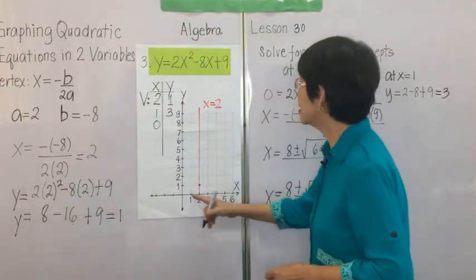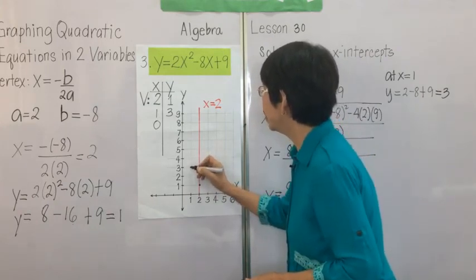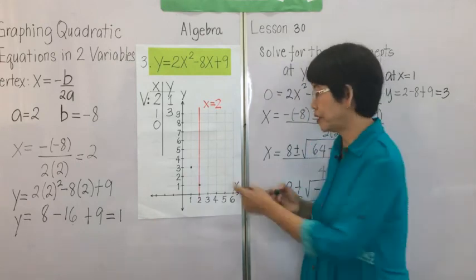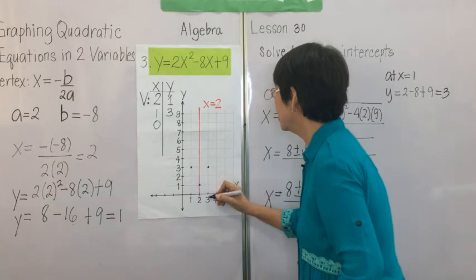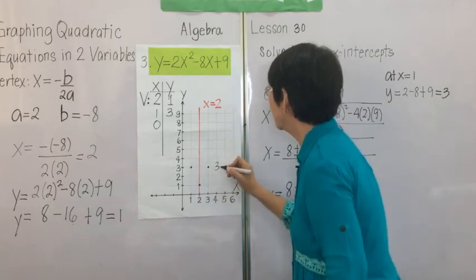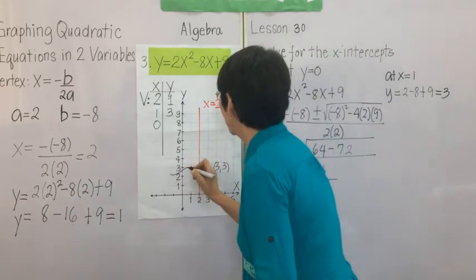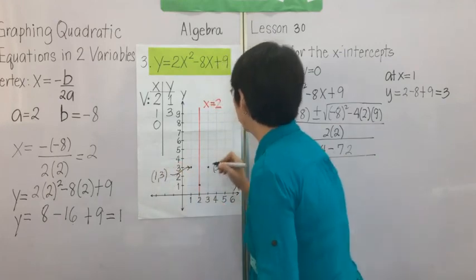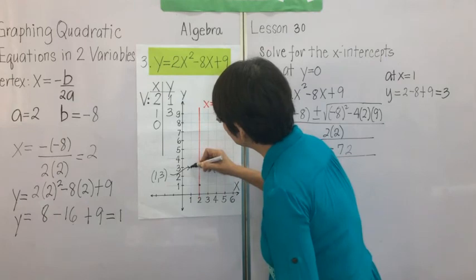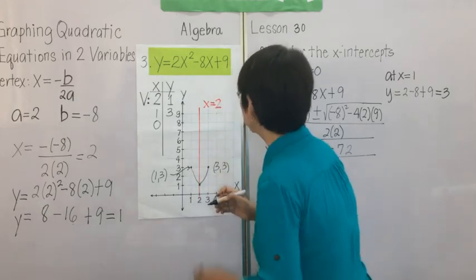So, 1, 3 is here. And we will simply reflect another point to the right. So, we have another point here, which is 3, 3. And here we have 1, 3. And we can shape the parabola.